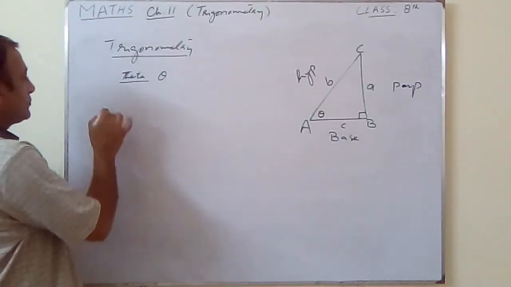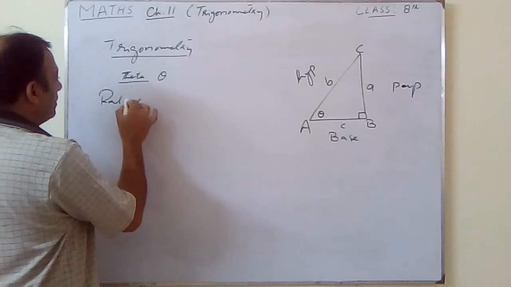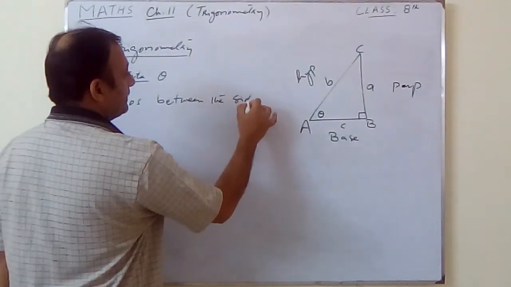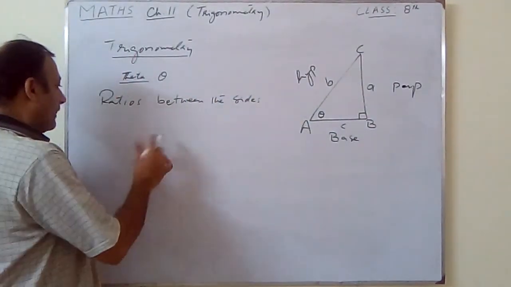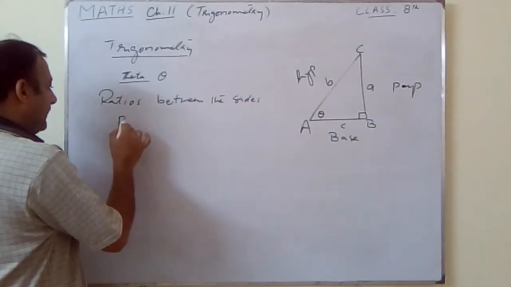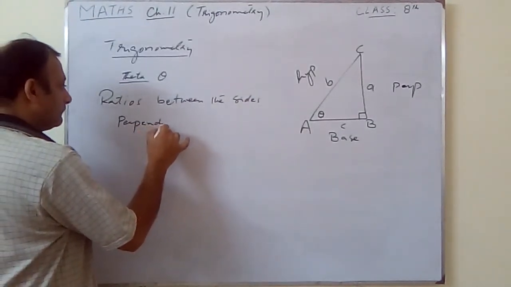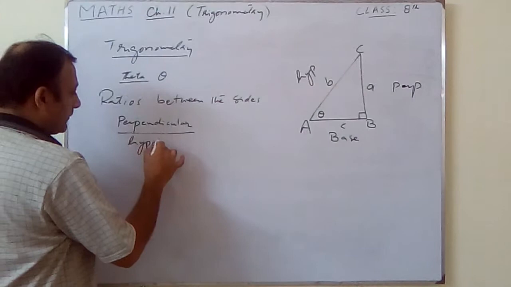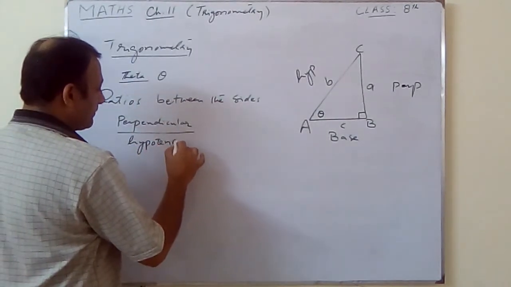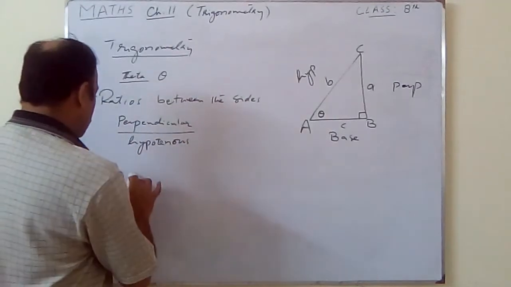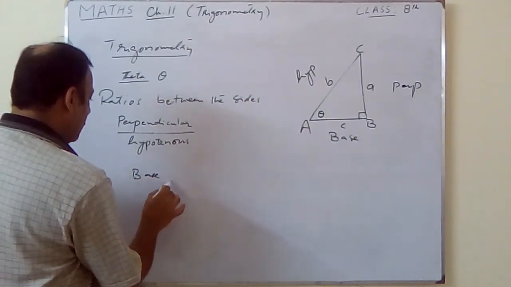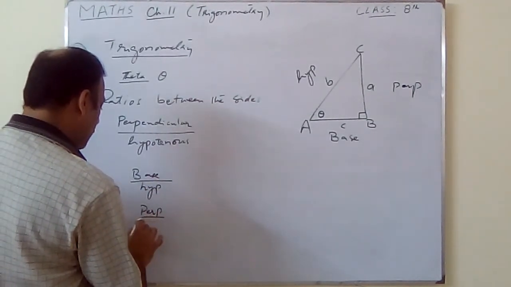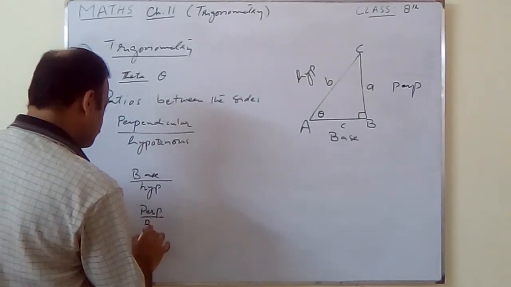So we take the ratios between the sides of the triangle: perpendicular divided by hypotenuse, base divided by hypotenuse, and perpendicular divided by base.